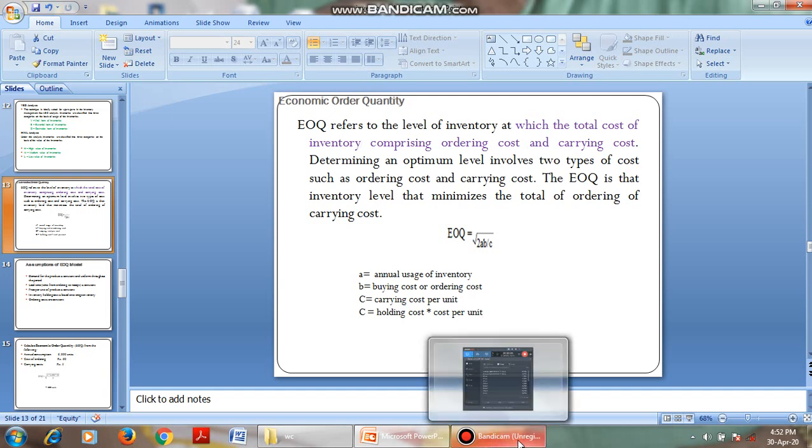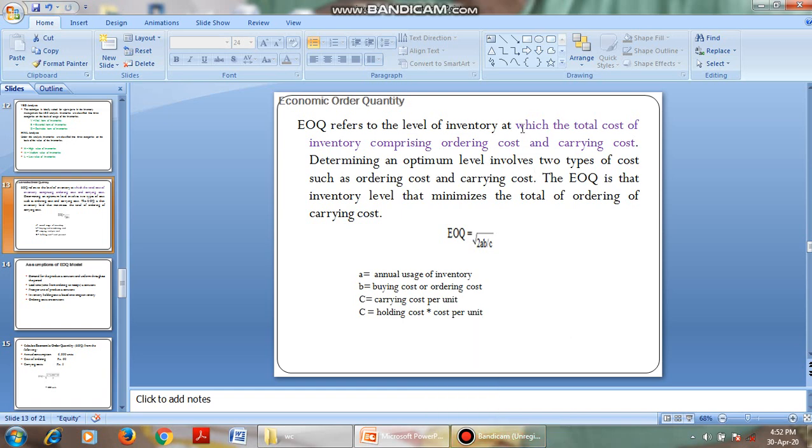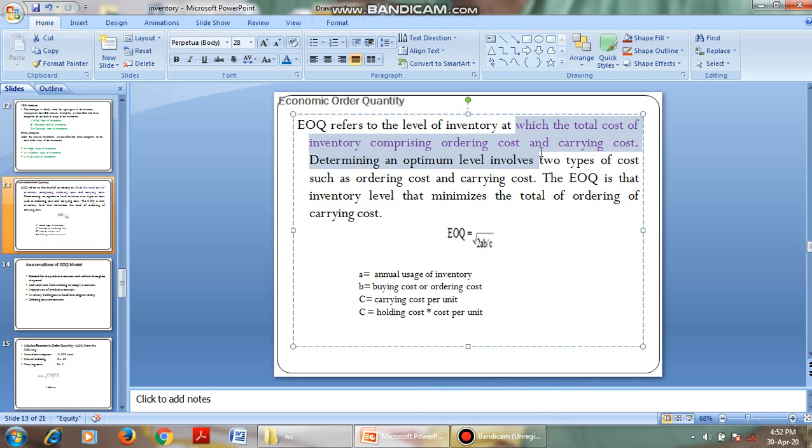Economic order quantity refers to the value of inventory at which the total cost of inventory comprises ordering cost and carrying cost. First we will discuss what is ordering cost and what is carrying cost. Ordering cost is nothing but the cost incurred to order the inventory.